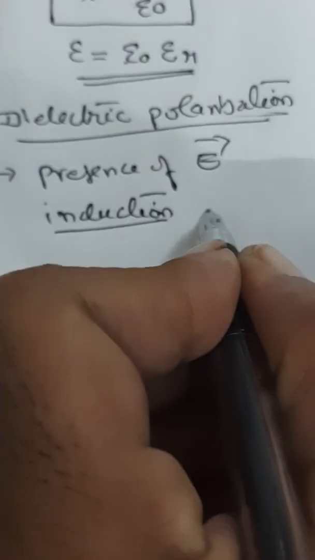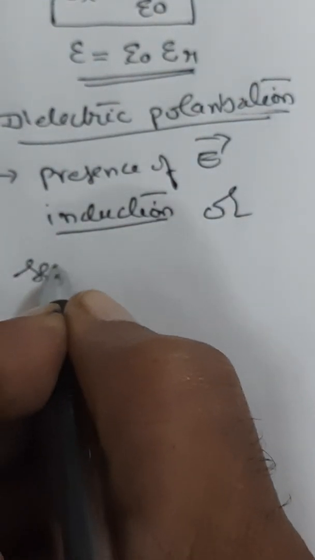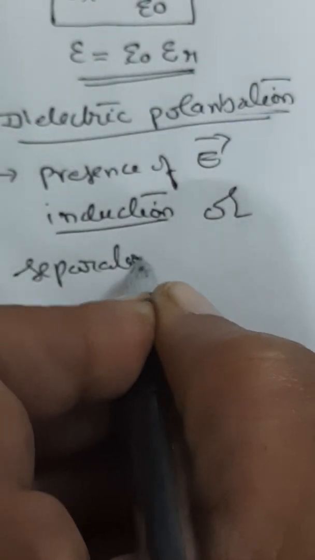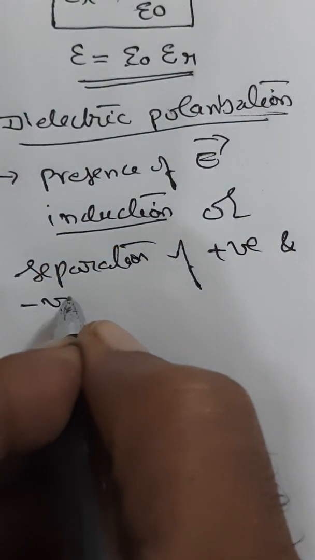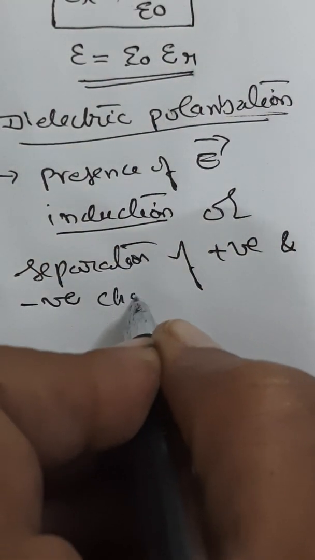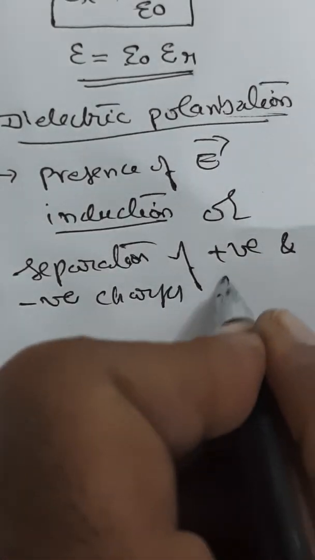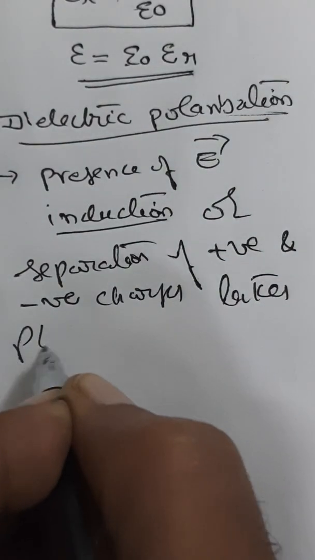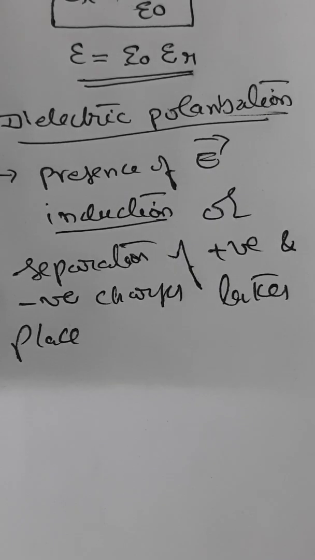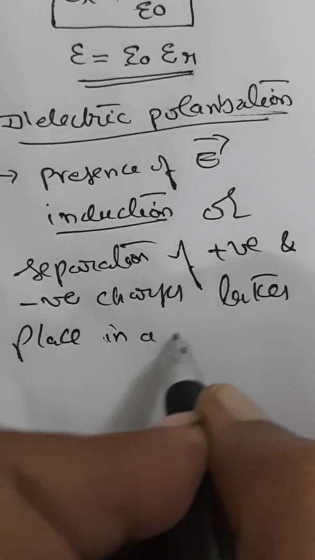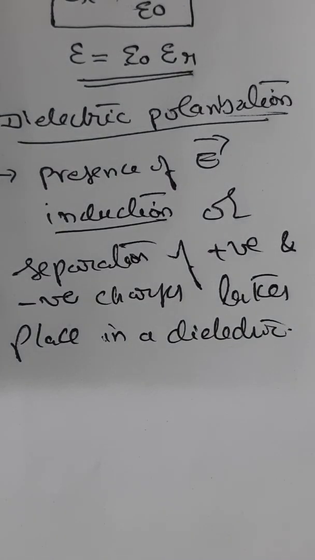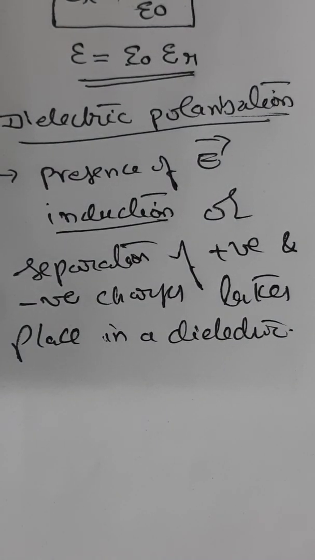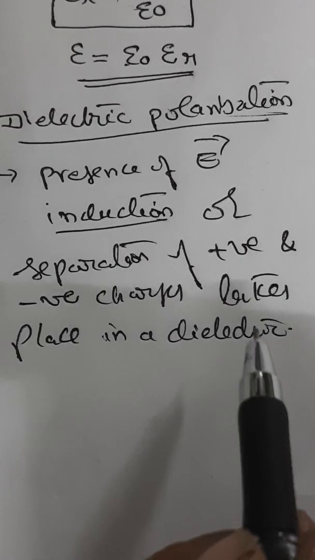Induction is nothing but separation of positive and negative charges, which takes place in a dielectric. This is what we have seen already. Whenever a dielectric material is subjected to an external electric field, charge separation takes place.